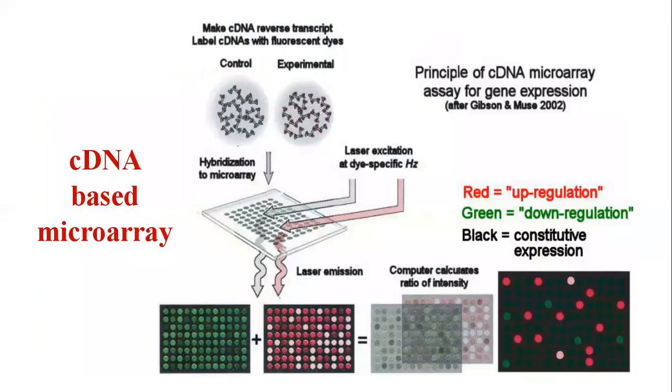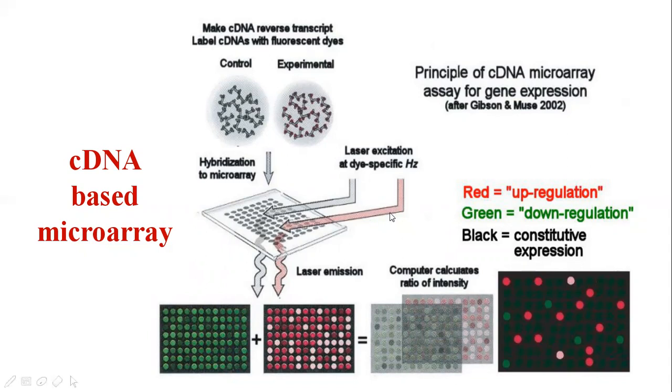This is how cDNA based microarray can be done. First you have to prepare cDNA using reverse transcription. If you are isolating it from cells, you have to lyse the cell, get the mRNA, go for cDNA synthesis, and then the cDNA will be mixed with another type of cDNA. Then you go for hybridization using this DNA chip.